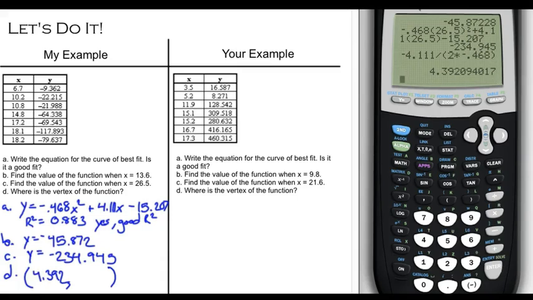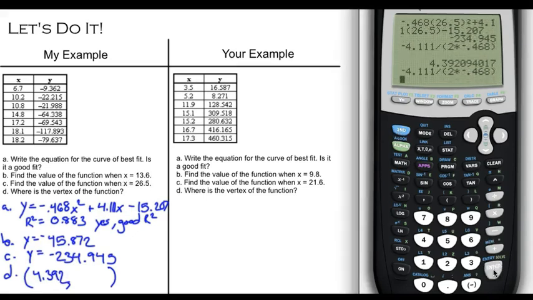And so that makes my prediction for part C look a little better, because now we know that this should get bigger and that value that goes with 18.2 is kind of our weird one. Now in order to find the y-coordinate, I just have to substitute 4.392 back in for x, just like we did for those others.